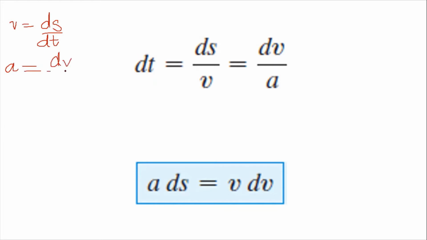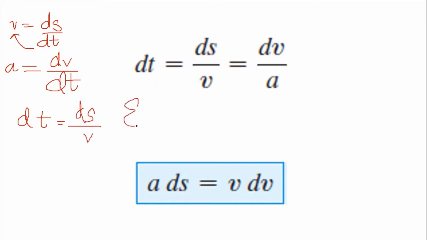So what will happen? We will compare both equations. How can we do that? We bring this dt over here, so dt becomes ds over v.